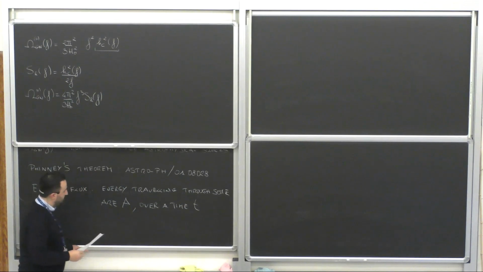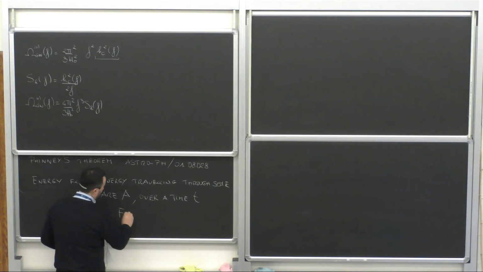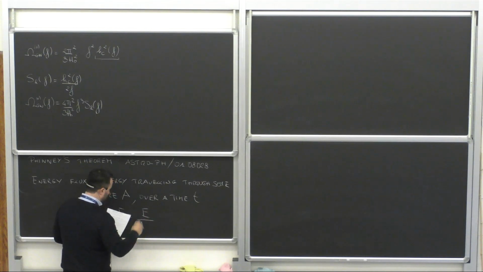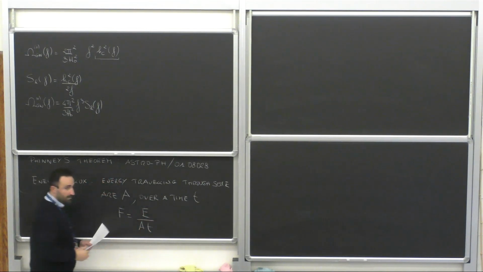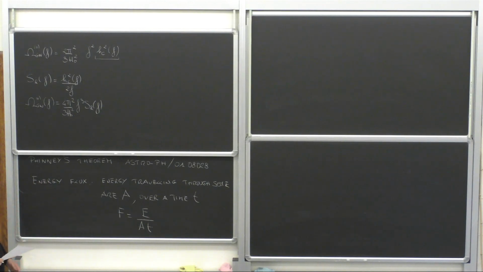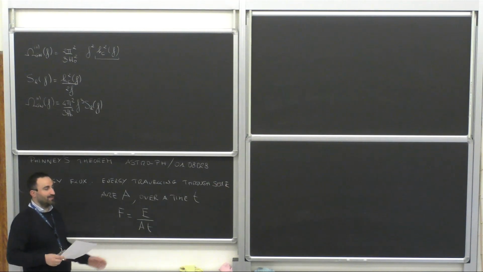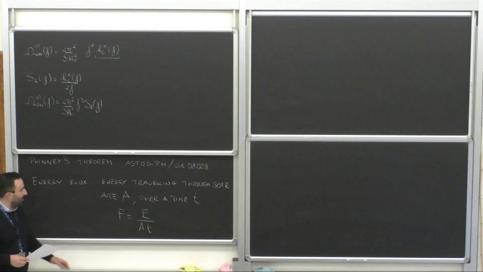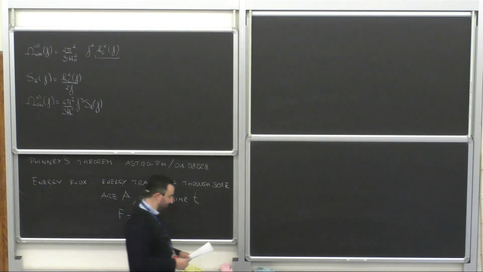So this means that I can define my flux as my energy over some area in some time t. In this lecture, I will put and I will remove a factor of c and G, just because sometimes it's easier to do the dimensional analysis, sometimes it's not important.